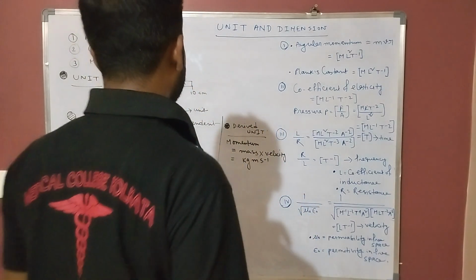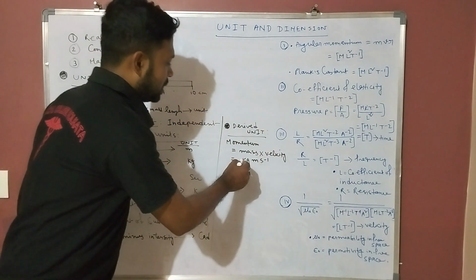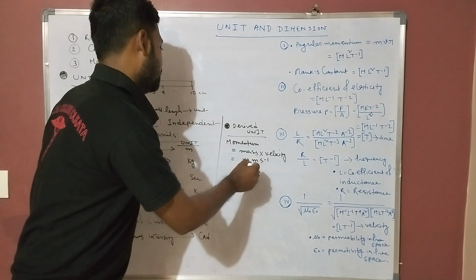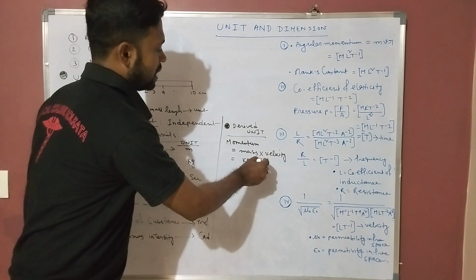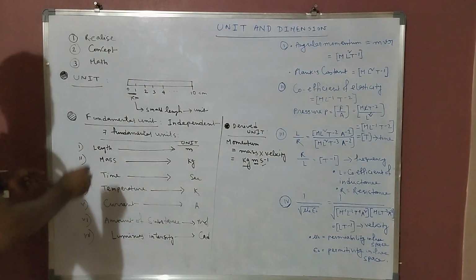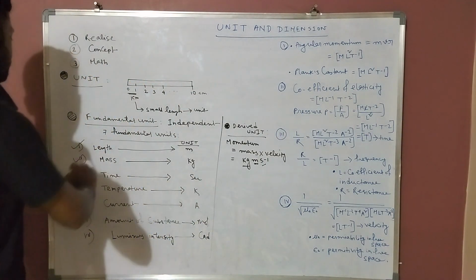So this is the unit of mass, this is the unit of length, and this is the unit of time. These 3 are fundamental units: length, mass and time.